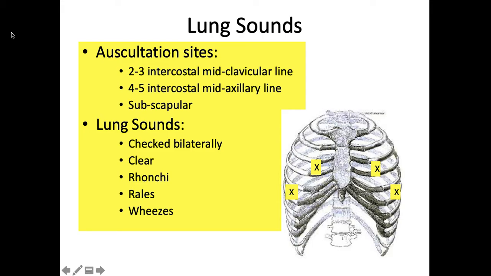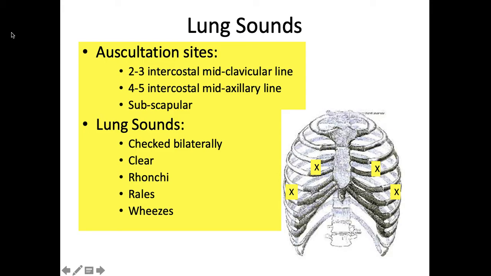Roughly at the level of the nipple line, you're going to take your scope and slide it under their armpit and listen at the fourth or fifth intercostal space. Again, have them open their mouth, take a deep breath in and out, and check both sides bilaterally.